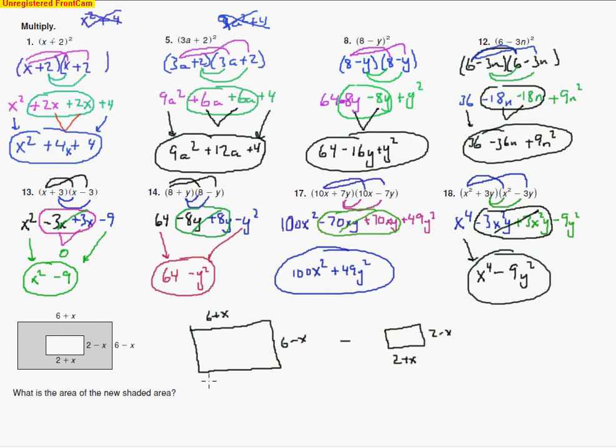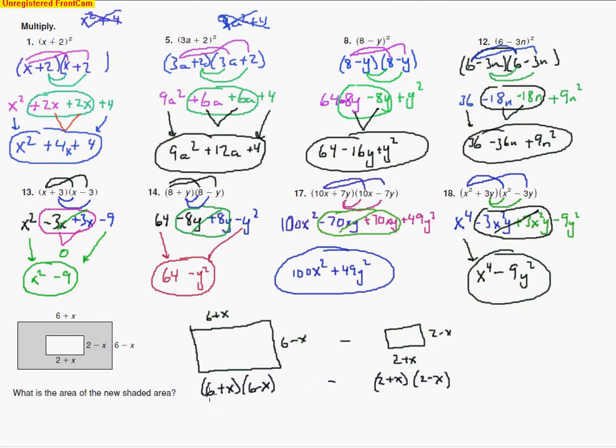So what we're going to do is find the area by just doing base times height. So it's just the 6 plus x multiplied by 6 minus x. We're going to do that first. Then after that, we're going to do the 2 plus x multiplied by the 2 minus x. So let's go check our answers here.